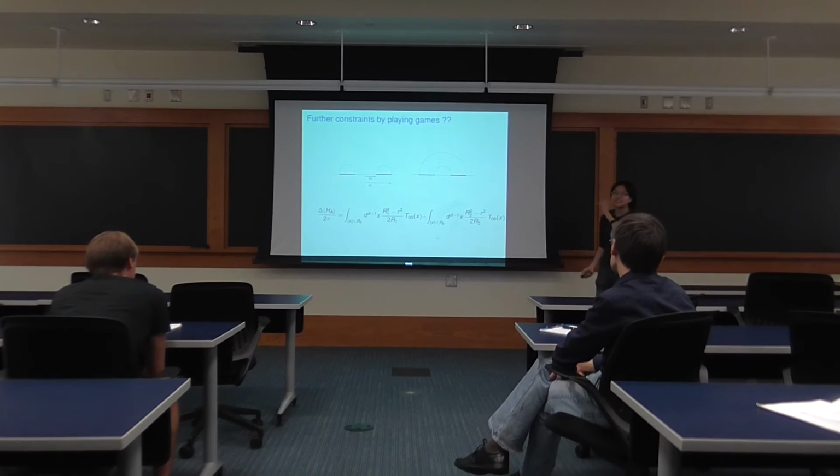But this is just the first step, one of the games that we try to play with, and it seems that there are lots more things that one could extract out of this.